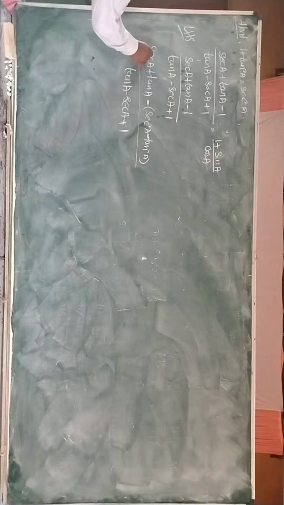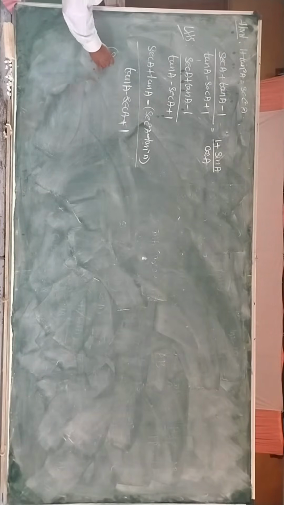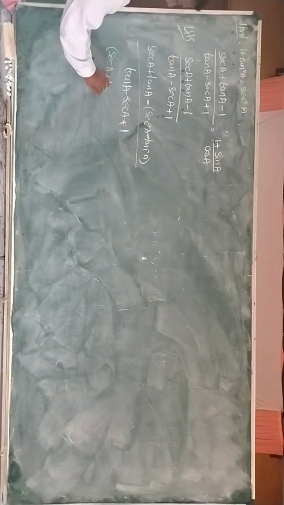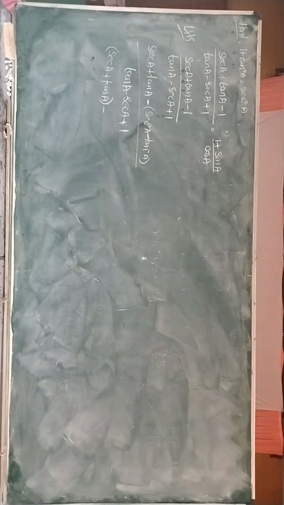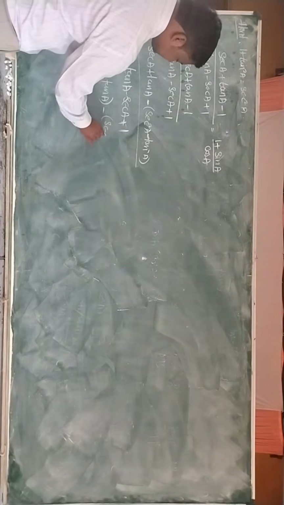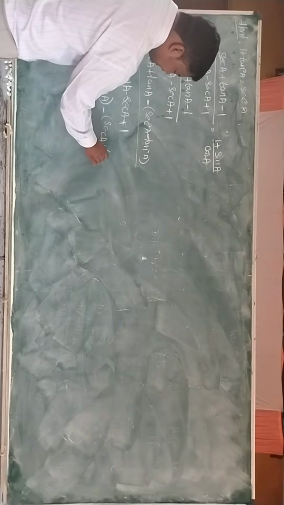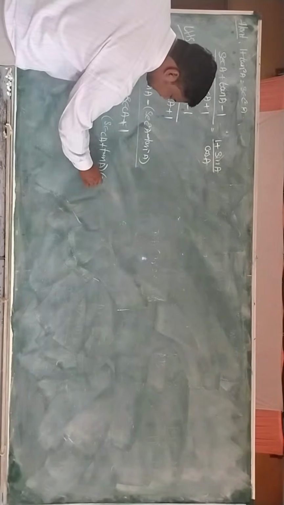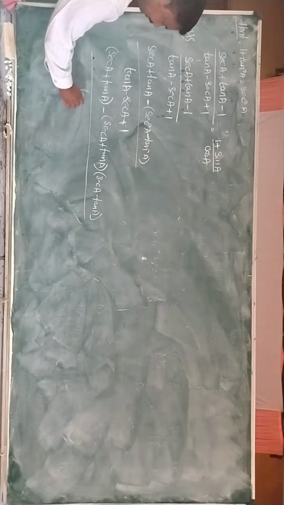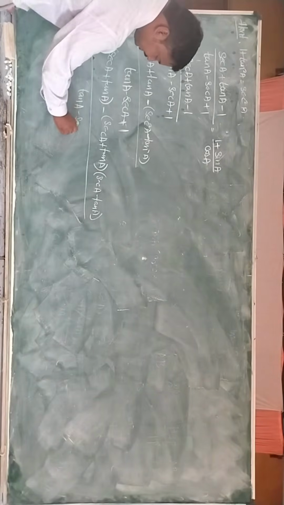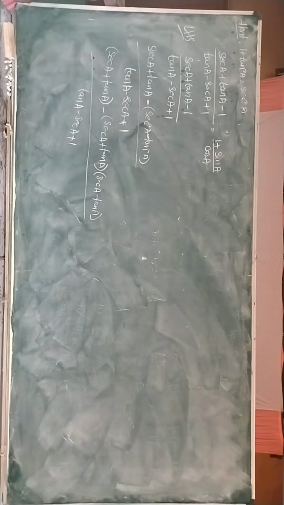So now sec A plus tan A as it is, and this is in the form of A square minus B square. So A square minus B square expansion is A plus B into A minus B. So A plus B, sec A plus tan A, into A minus B, sec A minus tan A, divided by tan A minus sec A plus 1.